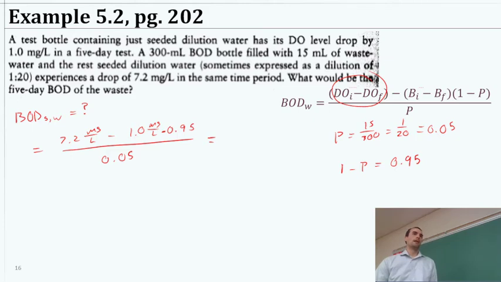Because it's kind of the same thing really. This is how much it dropped for the mixture case, and this is how much dropped in the dilution water only case. So you can put these numbers in: 7.2 milligrams per liter drop minus the 1 milligram times that 0.95, divide all that by 0.05, and if I remember correctly, this is 125 milligrams per liter. That's the answer.